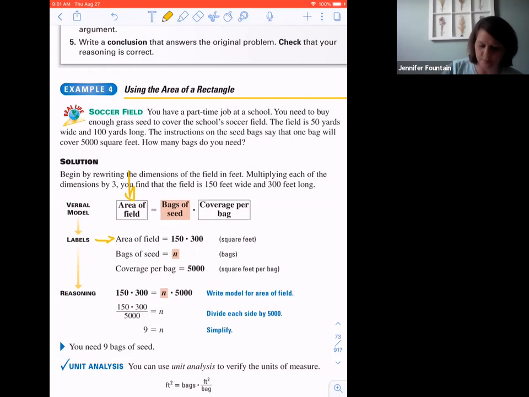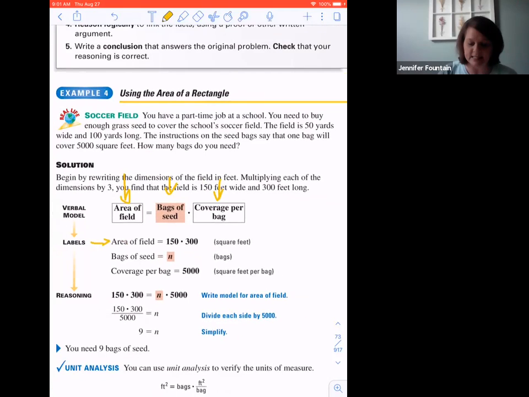I'm trying to make all of this flow immediately. Verbally, I'm just going to start there. So area of field equals the number of bags of seed times the coverage per bag. So the first thing they did is they said, okay, when I'm looking at my coverage per bag, I've got to change that to square feet, okay? So the first thing they did is the area of the field is going to be, because we're going to multiply 50. No, why am I confusing this so bad?